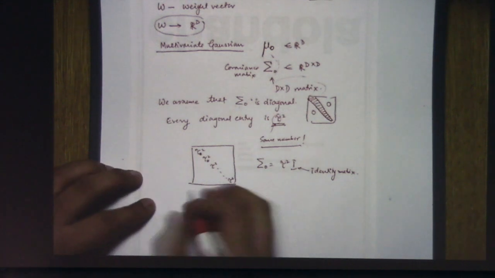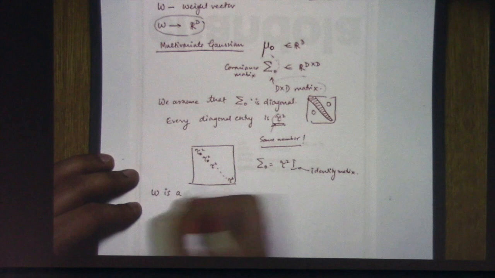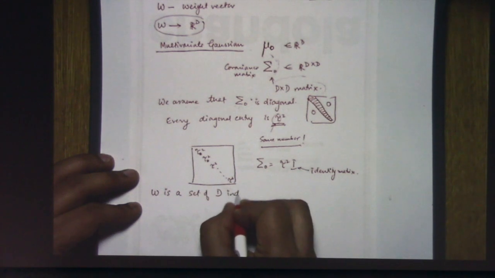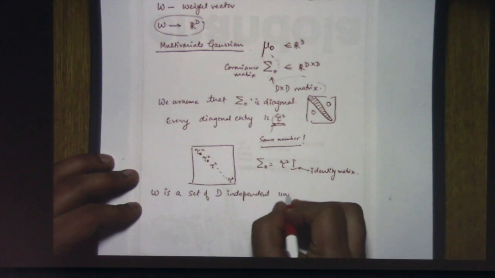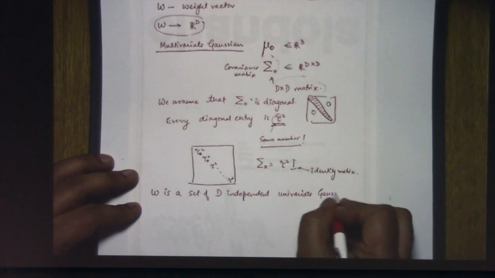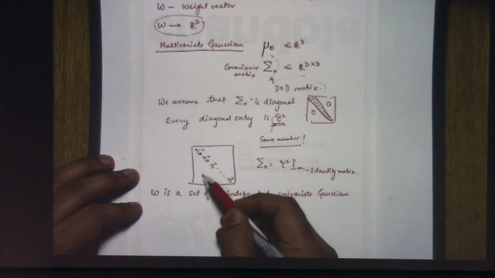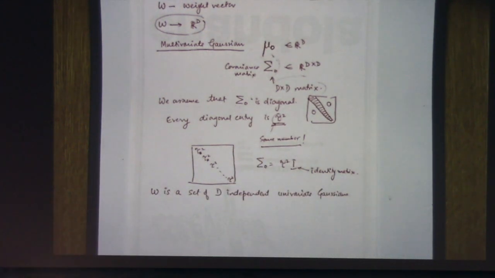So we can also say that W is a set of D independent univariate Gaussians, because there are no non-zero off-diagonal entries. So that gives you a prior on W.